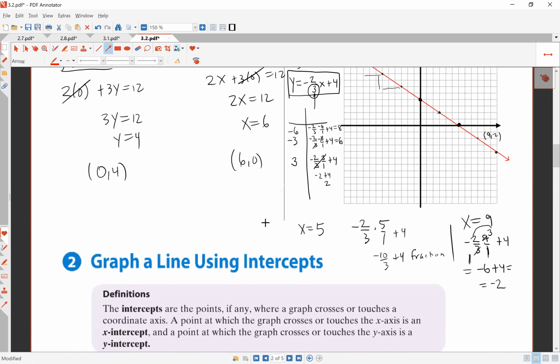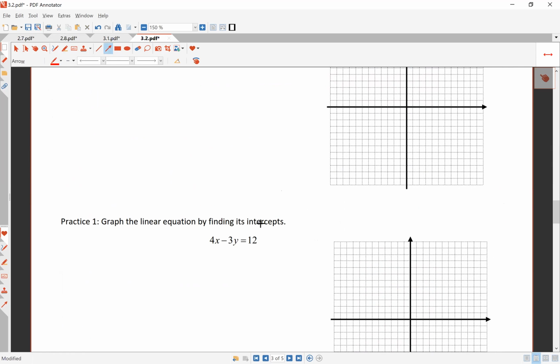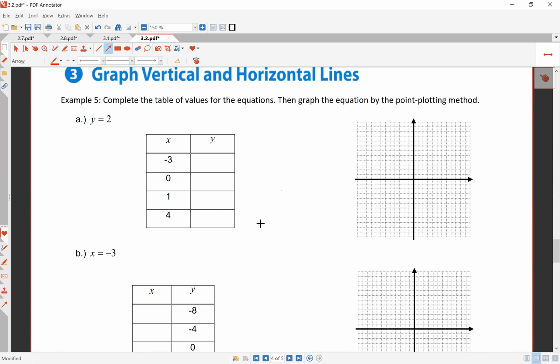Okay, I'm getting towards the end of this, so I'm just going to tell you one quick piece of information here. When the equations only have one variable in them, like y equals 2 and x equals negative 3, it's either a horizontal line or a vertical line.